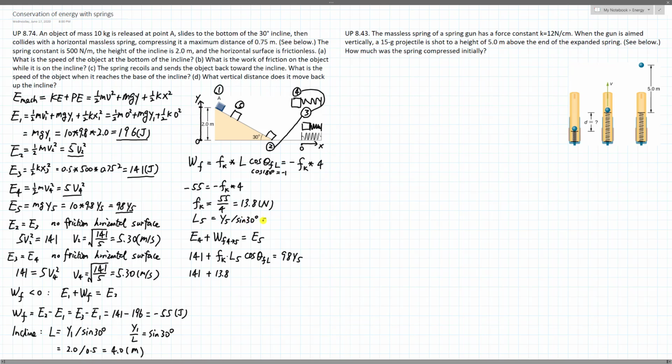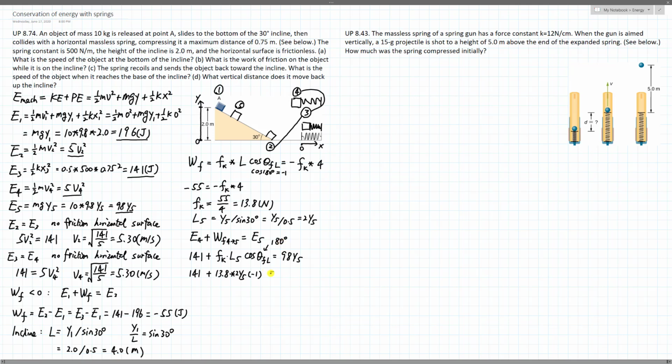So let's move along and get this in a better format. Over 0.5 is the same as multiplied by 2. Okay, so now L5 can be replaced by twice Y5. And here this is a -1. Again, 180 degrees. Friction always counters the relative displacement.